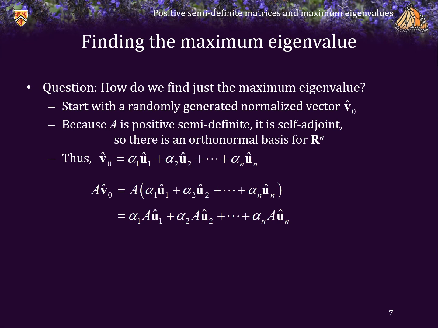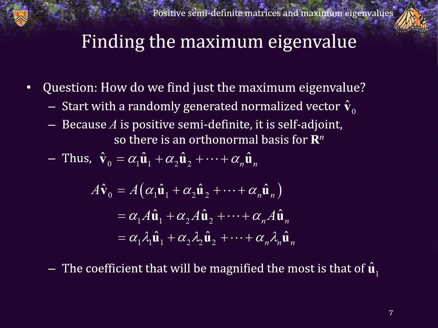However, because a matrix is linear, a matrix applied to a linear combination of vectors is equal to that same linear combination of the matrix applied to the individual vectors in that combination. But wait a second, all of these vectors u1 cap through un cap are eigenvectors. And so consequently, it's very easy to calculate the result.